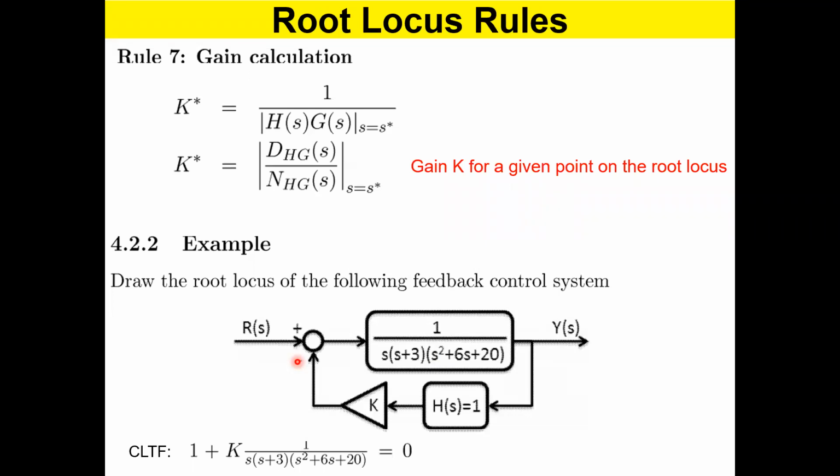Now poles don't have specific values. Poles are changing as you change k. But there's a start point. If you look at the open loop transfer function, the poles here are the start or initial locations of the poles when there's no k, when there's no feedback. I think we saw that last time, right?